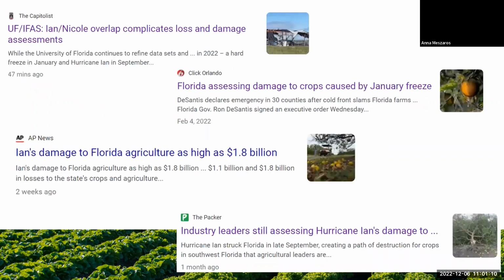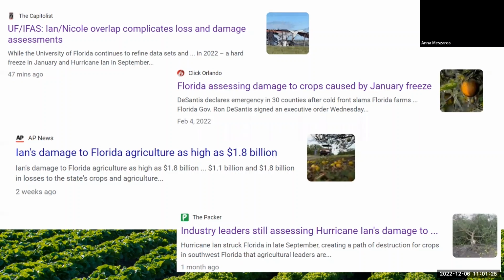Anna just talked about the big events this year: the January 2022 freeze, Hurricane Ian, and Hurricane Nicole. Obviously, other things were going on. But you can see from these headlines that what happens to Florida crops does not just stay in Florida.